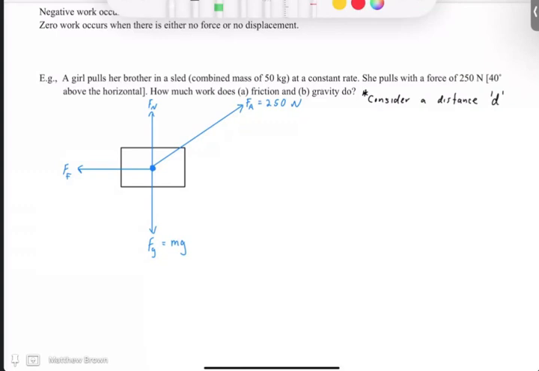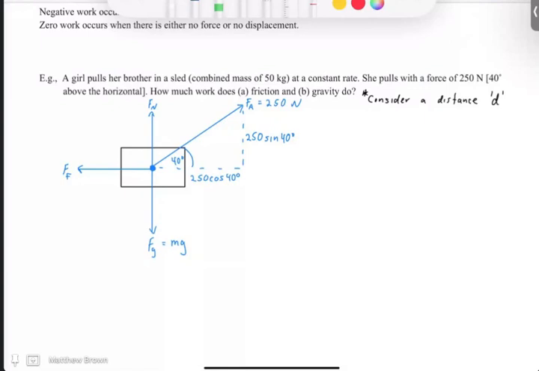So here what I would do is break this up, because we're going to need to. This here is a 40-degree angle. And so that means we can break the applied force up into its components. This here is going to be 250 sine 40, and this here is going to be 250 cos 40.